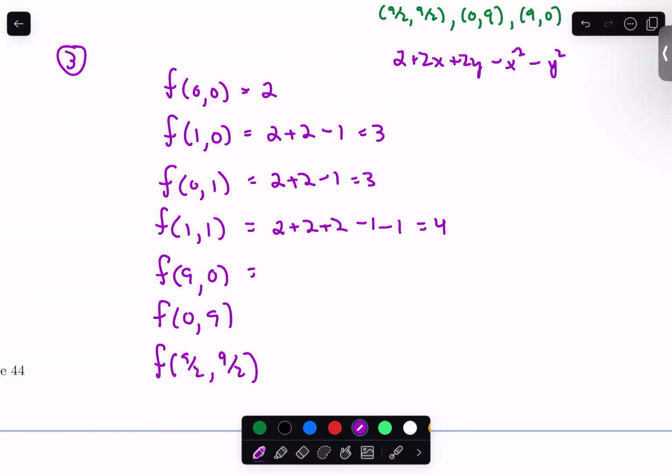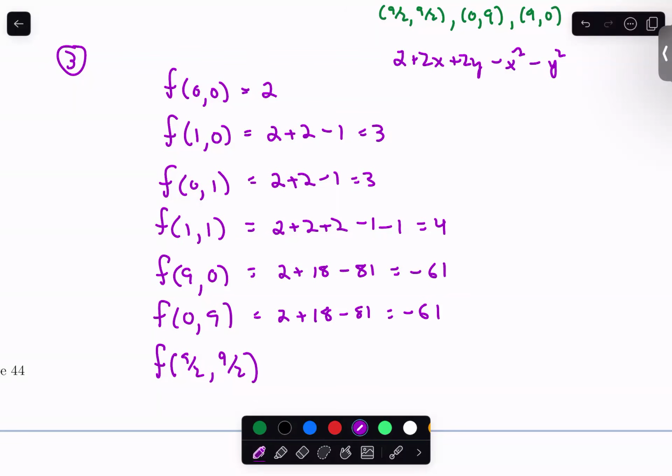If x was equal to 9 and y is equal to 0, we're going to get 2 plus 18 minus 81. So that's negative 61. Likewise, if x is equal to 0 and y is equal to 9, we're going to get 2 plus 18 minus 81, again, negative 61.